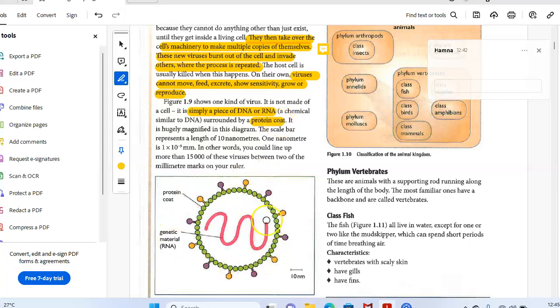This diagram is hugely magnified because viruses are the smallest of all organisms. Alright, so this is what you need to remember for your exams. The highlighted things which I have just told you, and you must remember they are obligate intracellular parasites and the diagram.